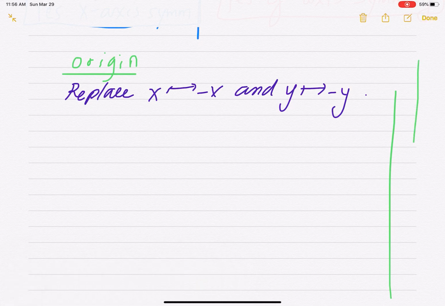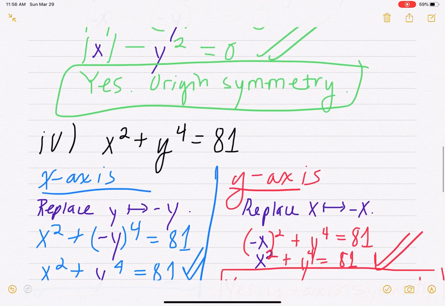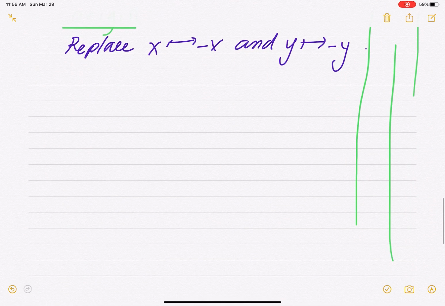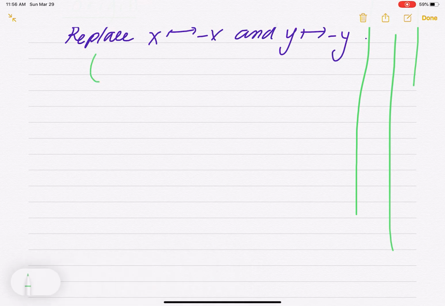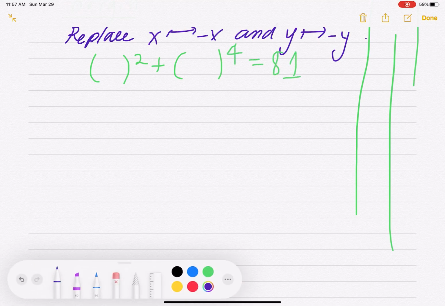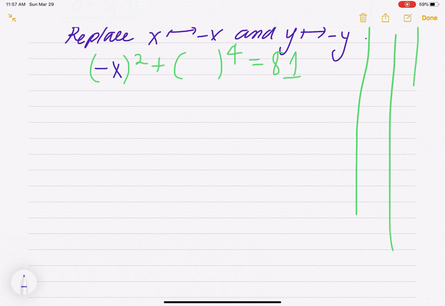Let's see, what was the original equation? X squared plus y to the fourth equals 81. Okay, so we have to set a template up here. We're going to have a blank squared plus blank to the fourth equals 81. In the first blank where we had an x, we're going to put a negative x. In the second blank, in parentheses, where we had a y, we're going to put a minus y.